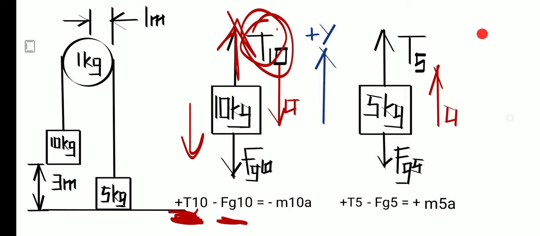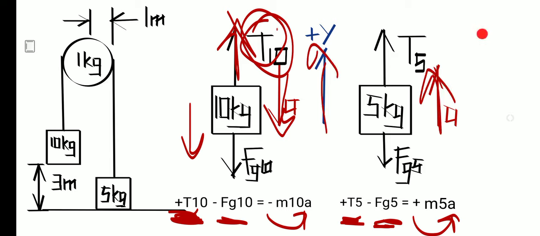Equals mass, which we're going to call M10, and then A is negative. The negative sign goes with the A because the acceleration is going in the opposite direction of our positive Y. Then we set up the 5-kilogram block similarly. T5 is going along the Y direction, so it's plus. Gravity is going down, opposite the positive Y, so it's negative. Equals, but this time the acceleration is a plus because we're going in the same direction as the acceleration.